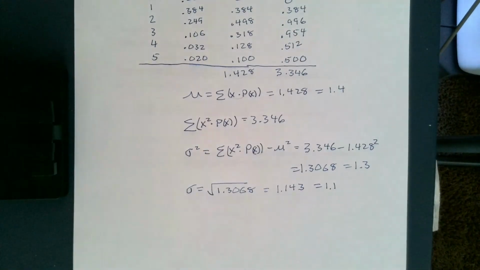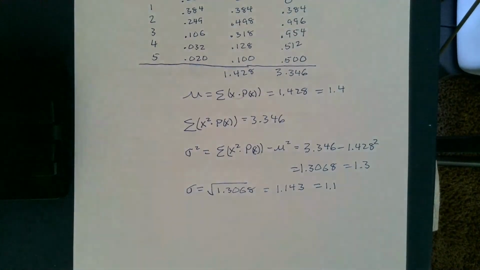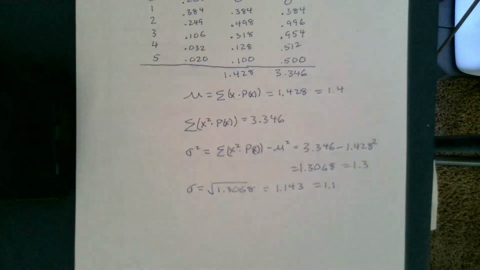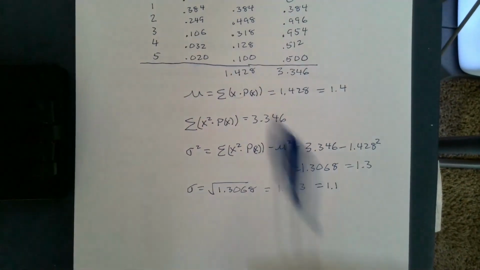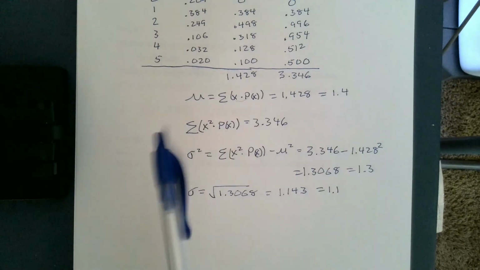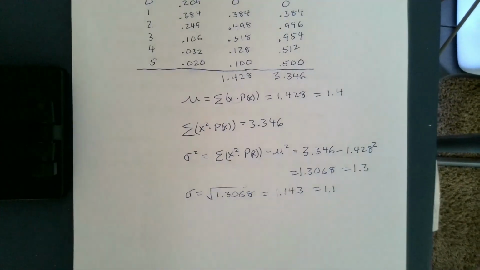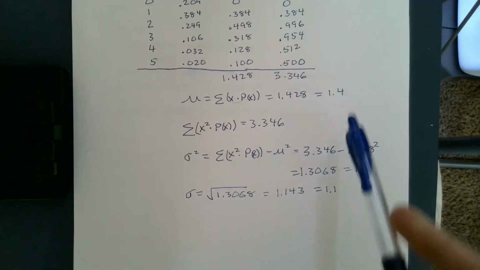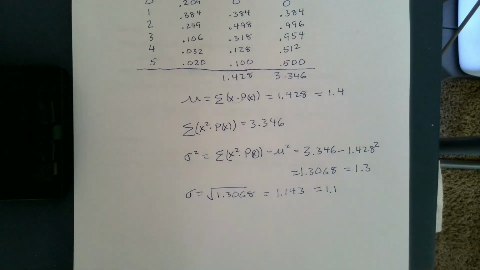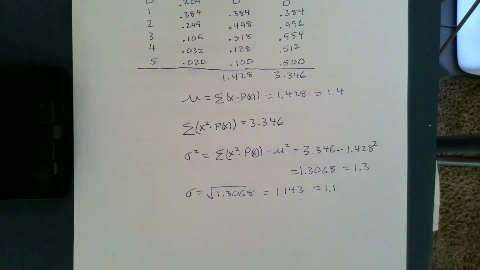Now to summarize our results. For the number of children living in a household in 2008, the mean number of children is 1.4 and the standard deviation is 1.1.